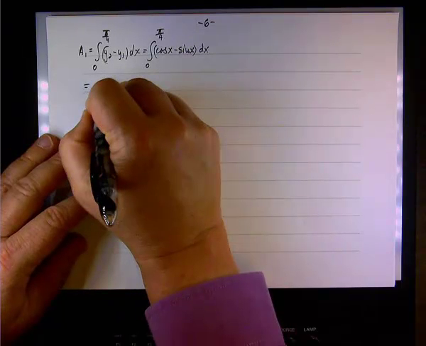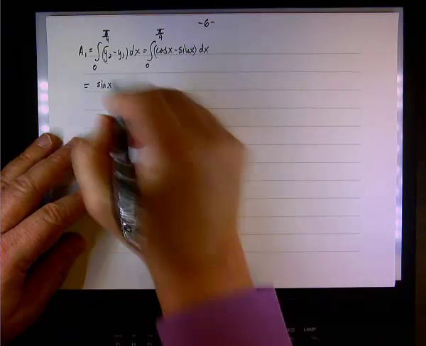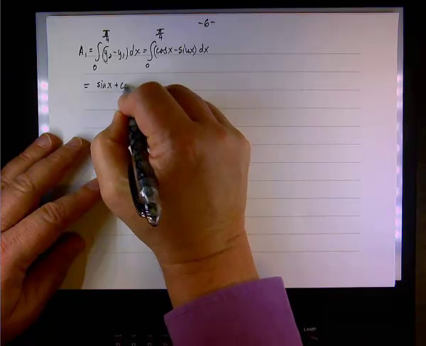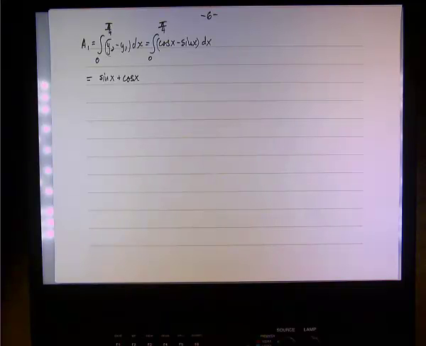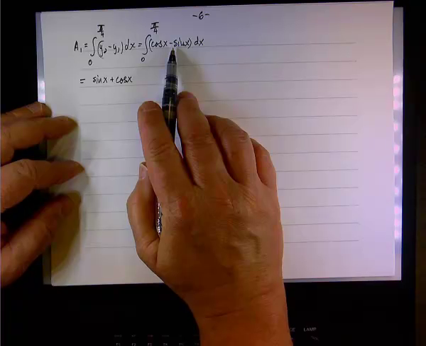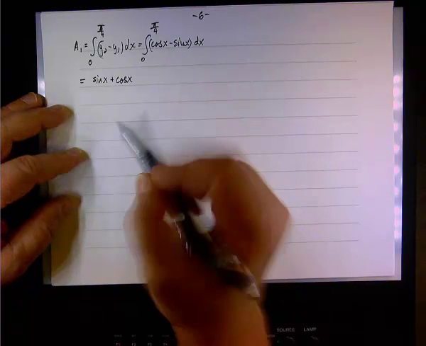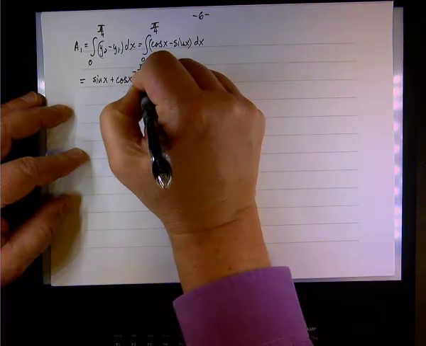The antiderivative of the sine is the negative cosine. So because we have negative sine, we'll have plus cosine. Again, the rationale: the derivative of the sine is the cosine, so the antiderivative of the cosine is the sine. The derivative of the cosine is negative sine, so the antiderivative of negative sine is positive cosine. And we evaluate from 0 to pi over 4.